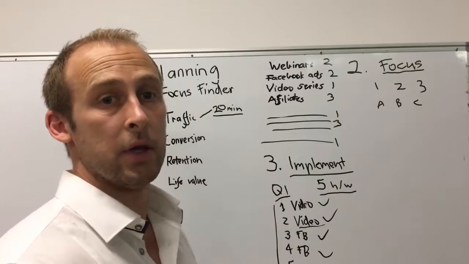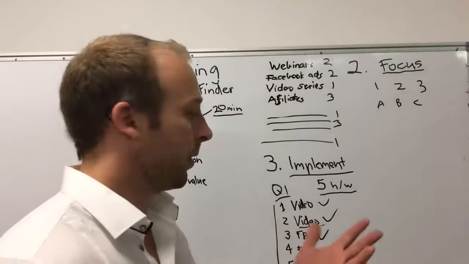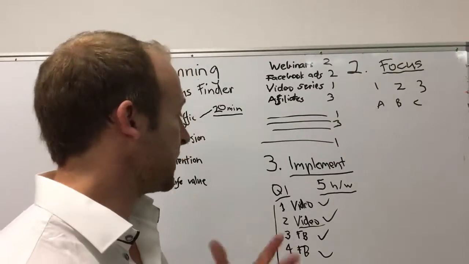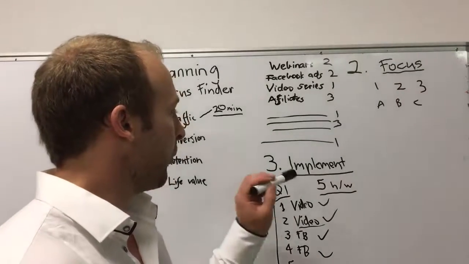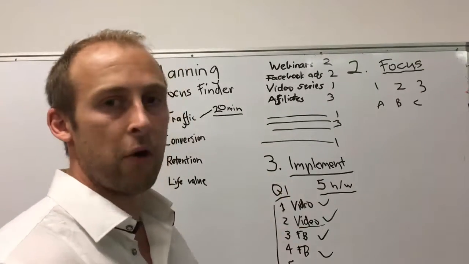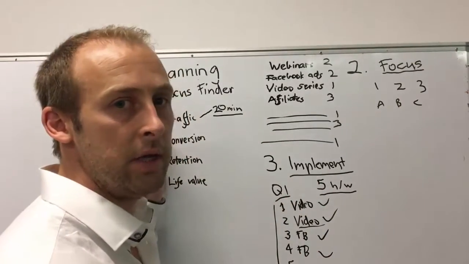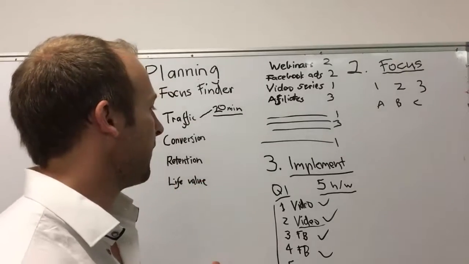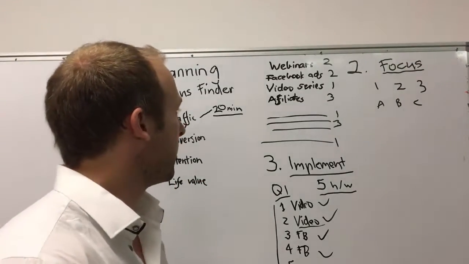And this compounds over the course of the year, where each quarter, if you're implementing say 6 new things, that's 24 new things over the course of the year. So by scheduling and focusing and having the time invested into these high leverage activities, you're going to set yourself up to have success. So that's the key.